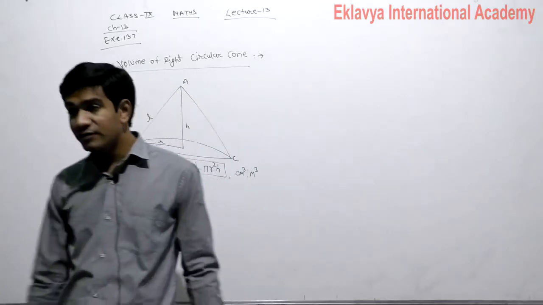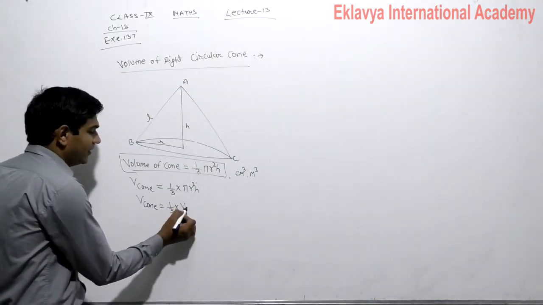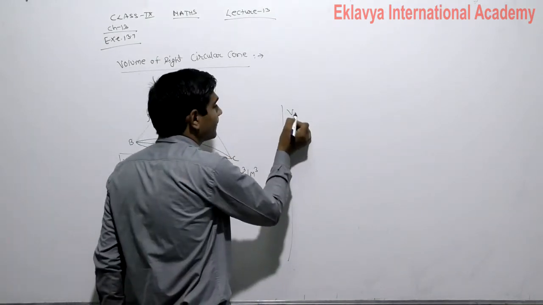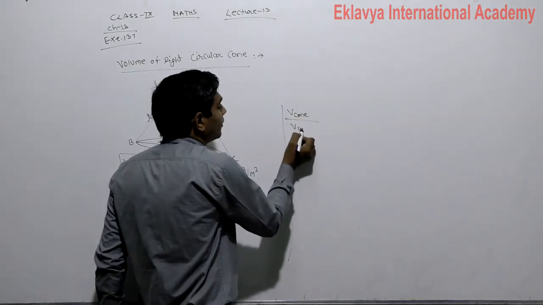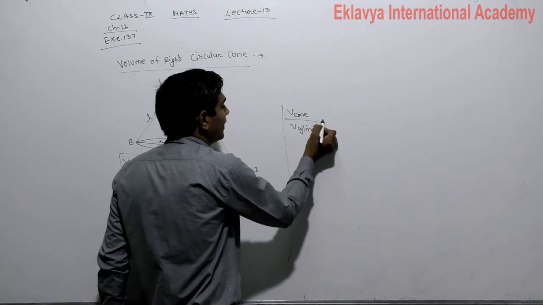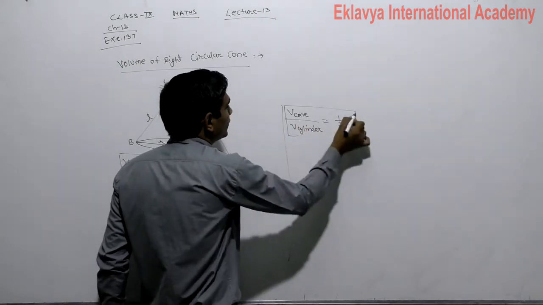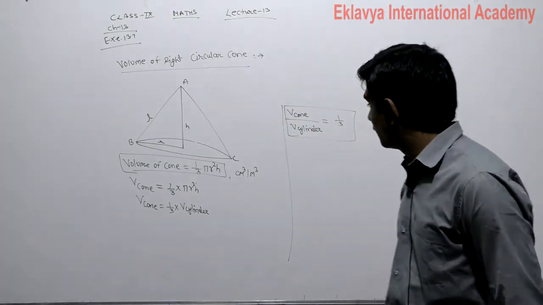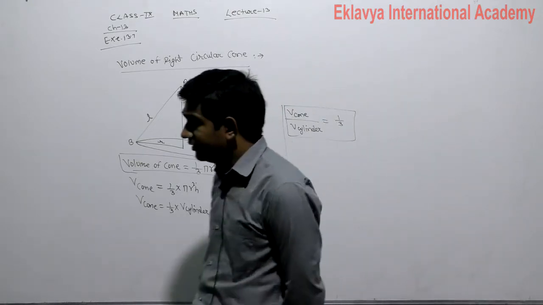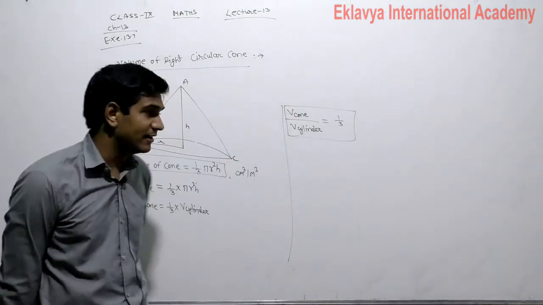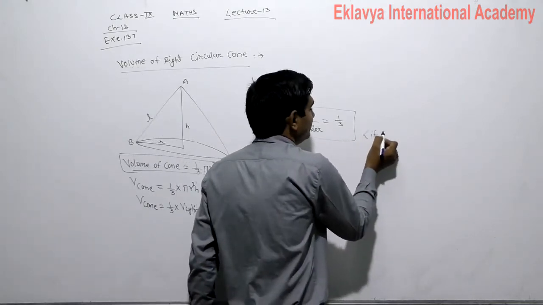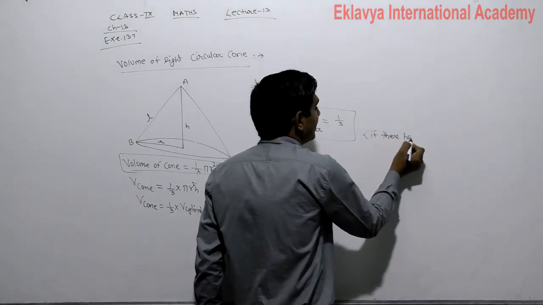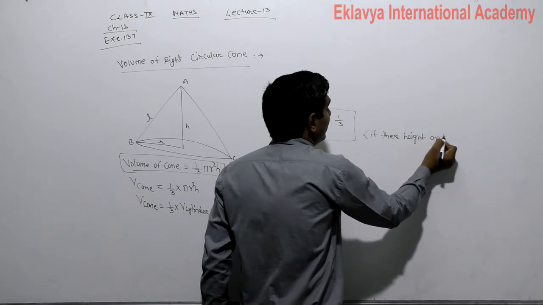Pi r square h, what can you write it as? Volume of cylinder. So what we observe here is that the ratio of the volume of cone to the volume of cylinder is 1 upon 3. So the ratio of the volume of cone to the volume of cylinder is 1:3 if their height is the same and their radius is the same.